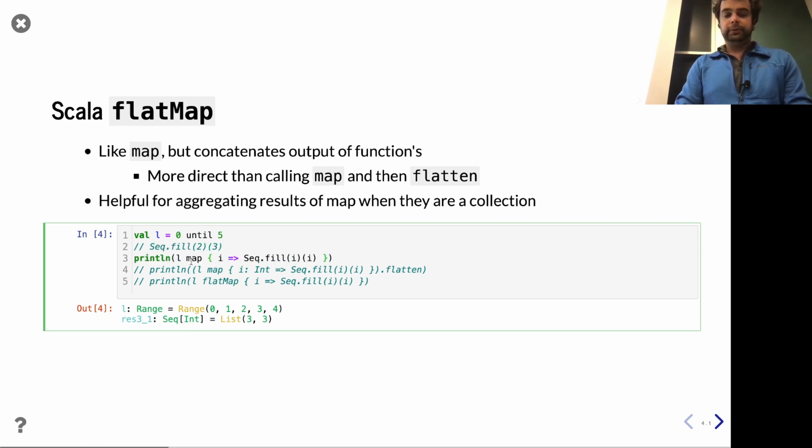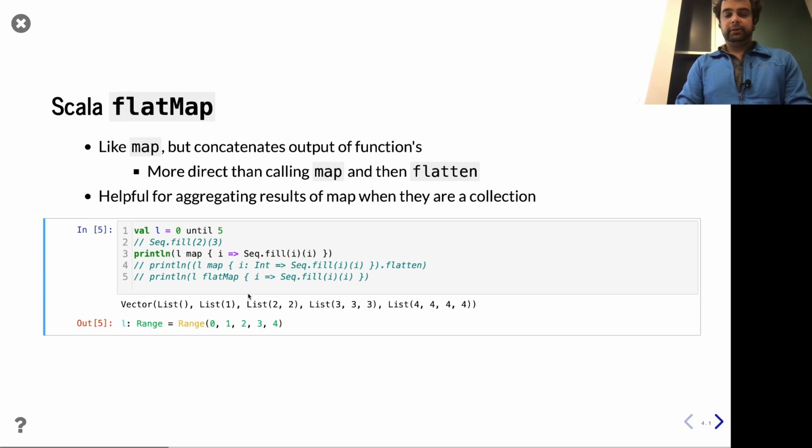We are going to print the result of mapping L onto this operation where we're going to generate a Seq of whatever the number is, that many times. In other words, we're going to get a list of 0, 0 times, 1, 1 times, 2, 2 times, 3, 3 times, 4, 4 times, right?